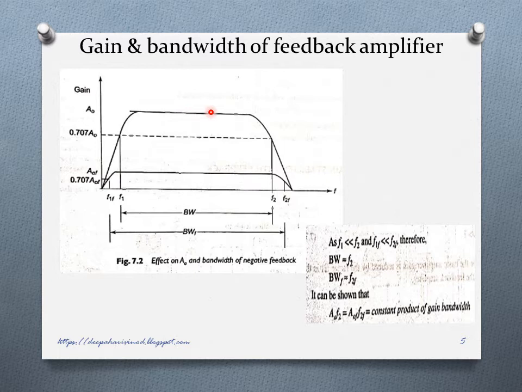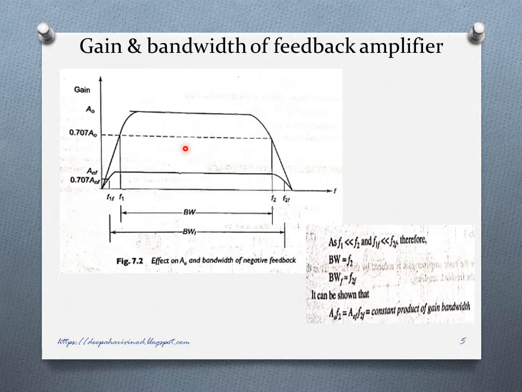So if I draw a line at 0.707, I will get two cutoff frequencies f1 and f2. So this will be the bandwidth of the amplifier without feedback, lying between f1 and f2.